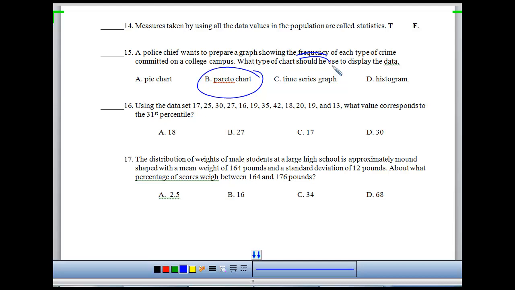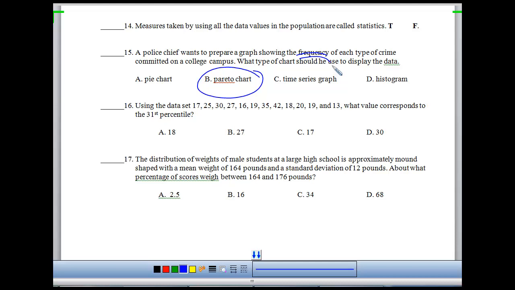Okay? If it's possible for people to choose more than 2 categories, then a pie chart's really not the right thing to do. Okay? A pie chart shows how each category contributes to the whole. Okay, the biggest clue here is that he said frequency, not percentages. So I would use the Pareto chart.